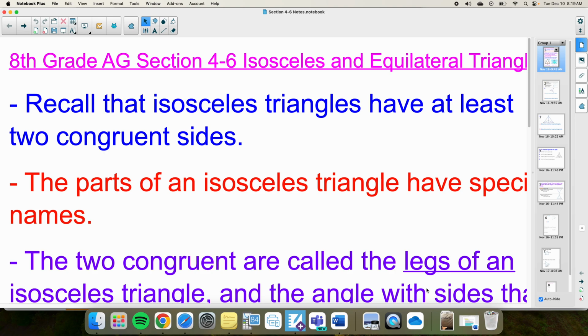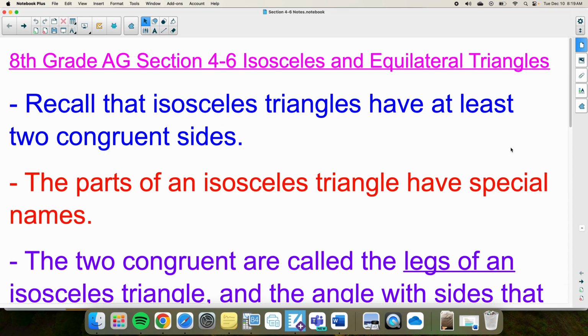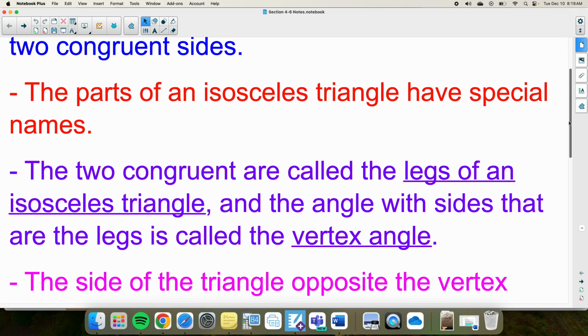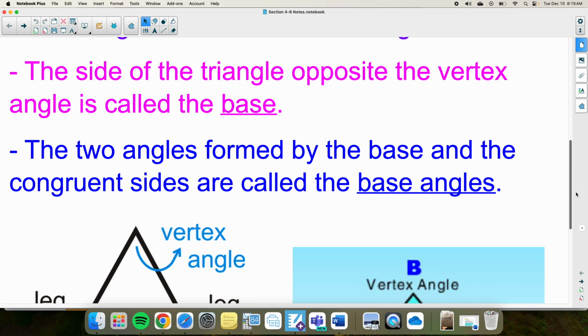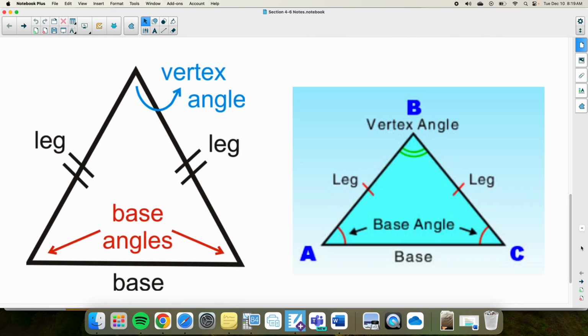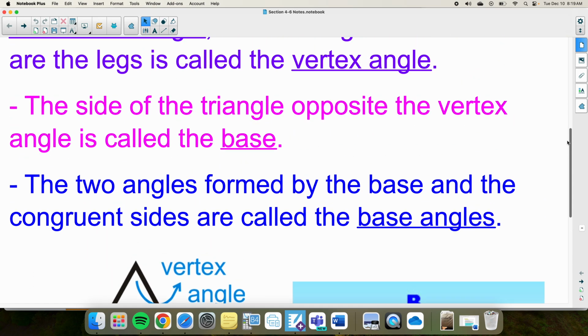All right, so today what we're going to do is learn about isosceles triangles and equilateral, equiangular triangles. So the first thing that is true, I'm going to go down here and show you what an isosceles triangle looks like.